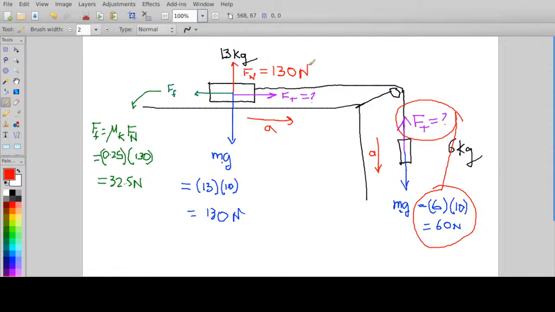But if the tension is 60 newtons, then this tension must be 60 newtons. And if that's 60 newtons, then the force of friction must also be 60 newtons. Why? Because the two must cancel. So I kind of gave you the solution by speaking it out, but why don't you work through it, and I'll pick up from here next time, because I want this as an example for the third problem that I'm going to do on Friday.